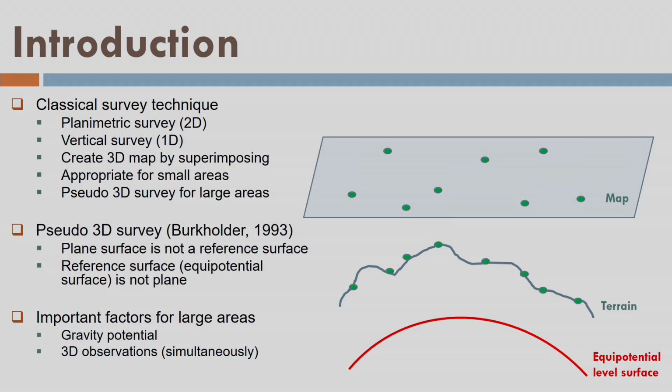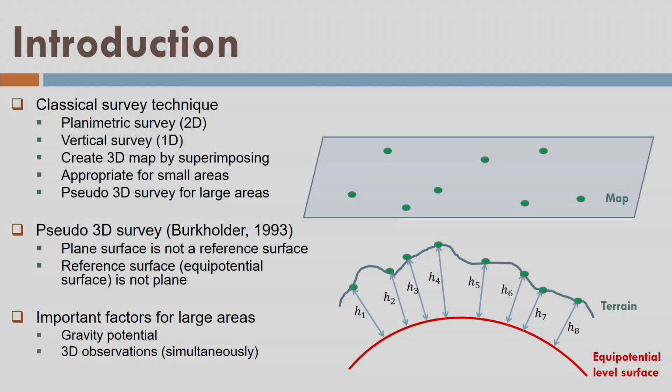So let us see what we have done. This is an equipotential level surface, and for these 8 points I have measured the vertical heights from the equipotential surface, and these are the 8 heights we have measured, H1 to H8.